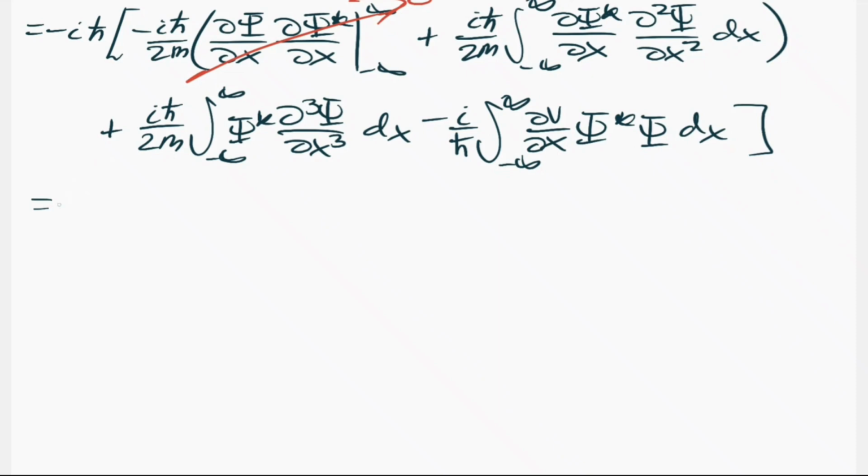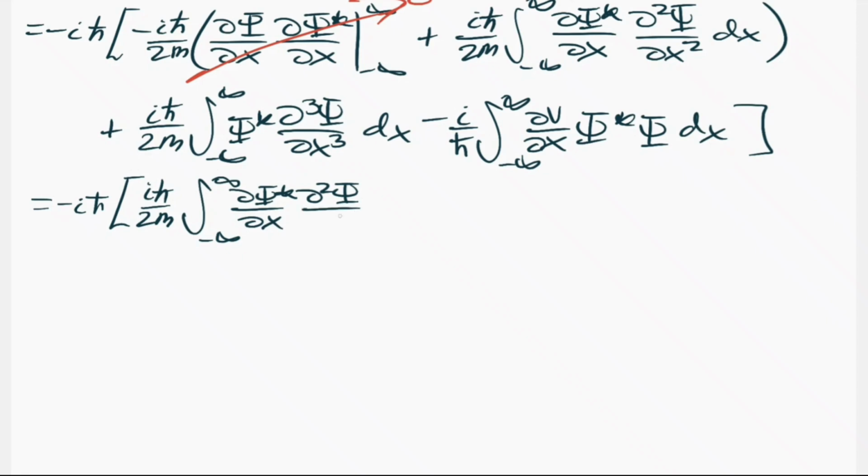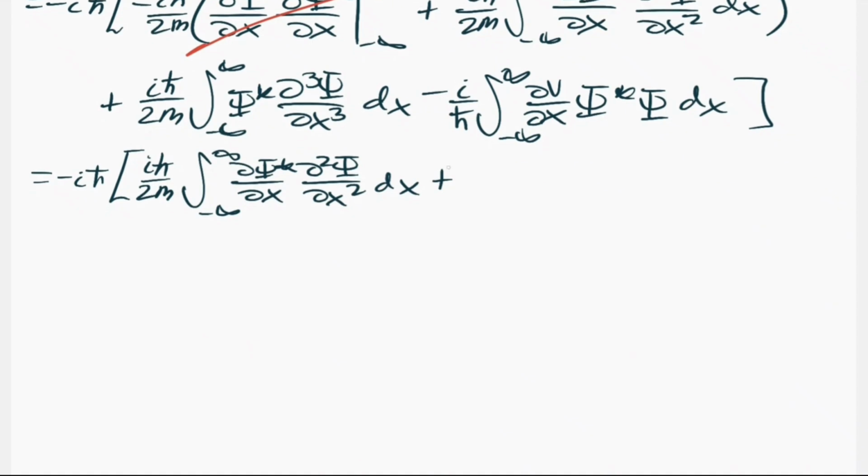So that is equal to negative i h bar, and then we have our big bracket, i h bar over 2m, and we have the integral from negative infinity to infinity of d psi star/dx, d squared psi/dx squared dx. Alright, and then we have plus, and we're actually going to bring a lot of things under the same integrand here.